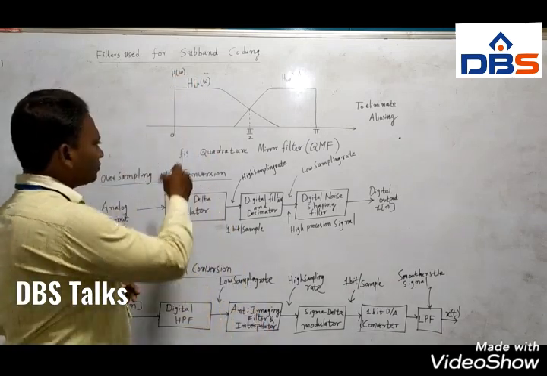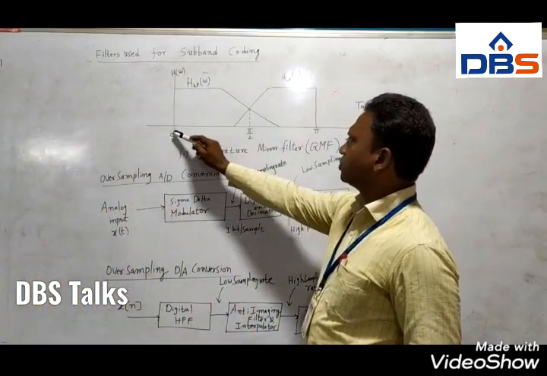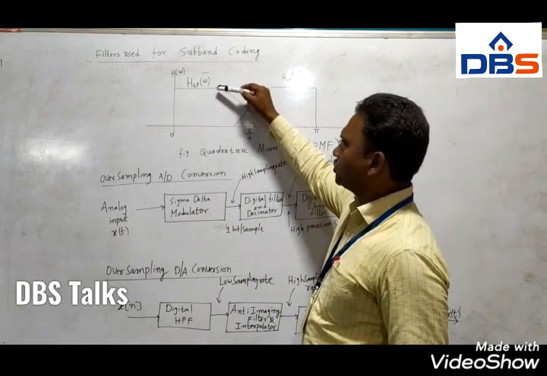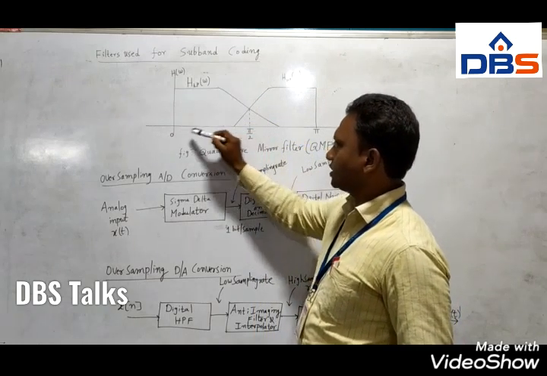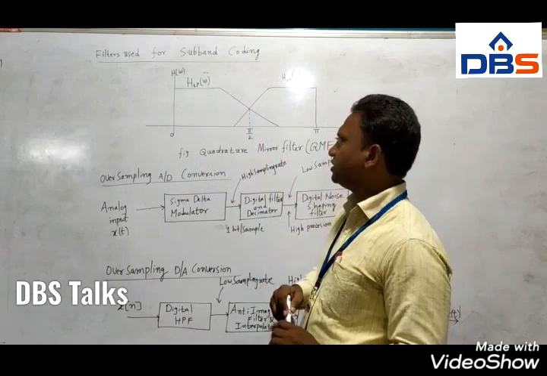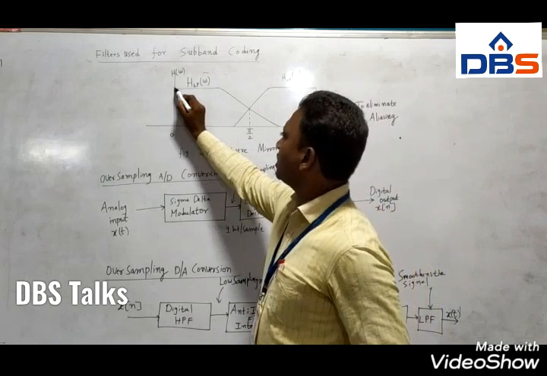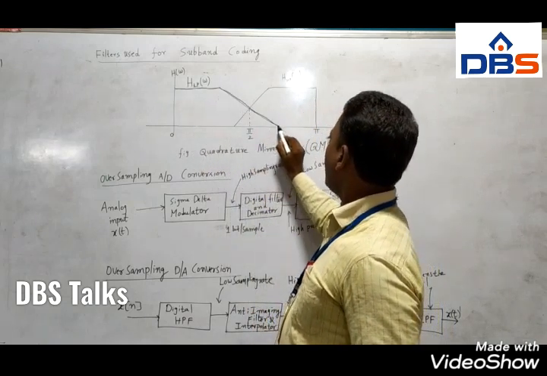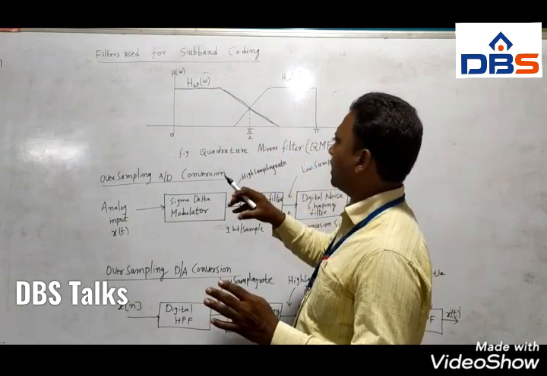See this, from 0 to pi by 2, this is a low pass filter characteristic which passes all the frequencies at the lower side, that is H_LP of omega, which means it is a low pass filter response. After that we have a high pass filter response. These two are combined here.